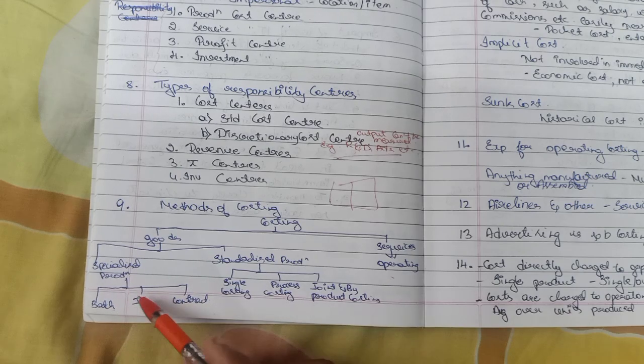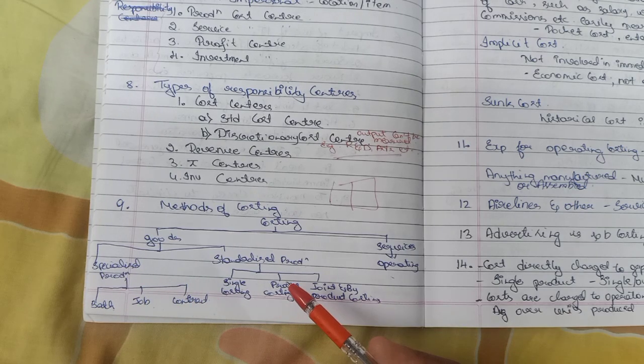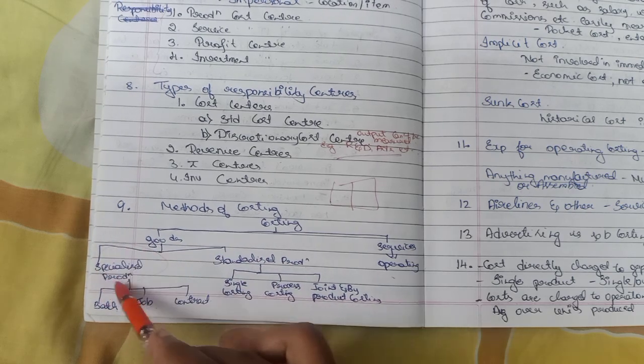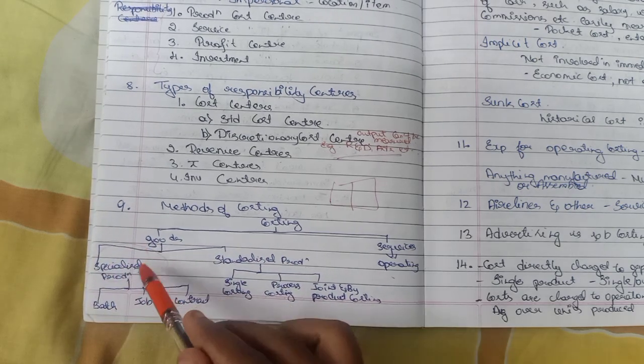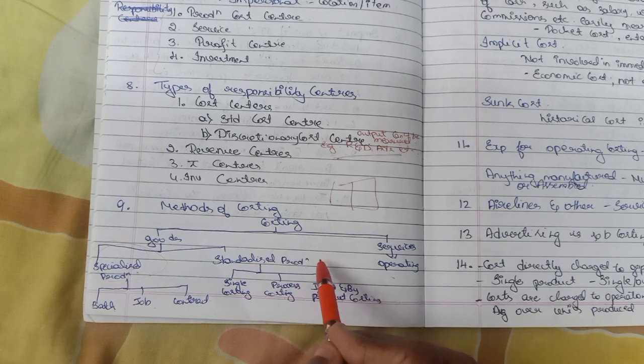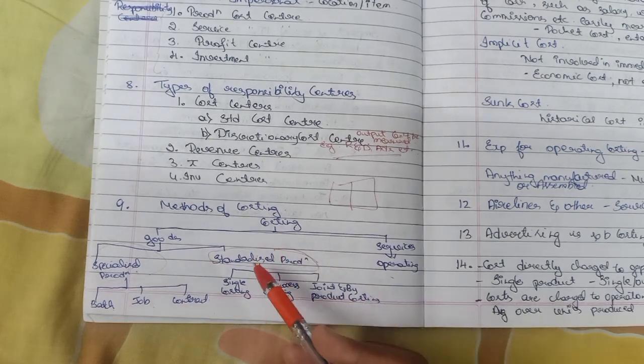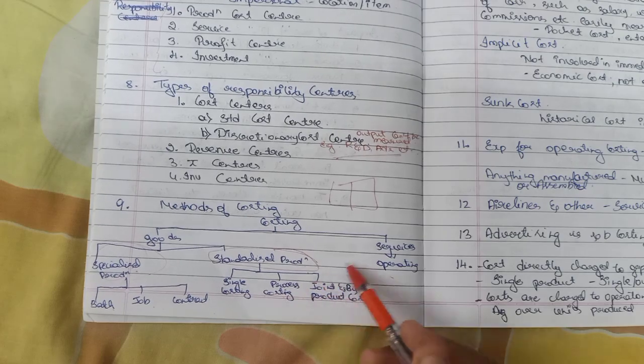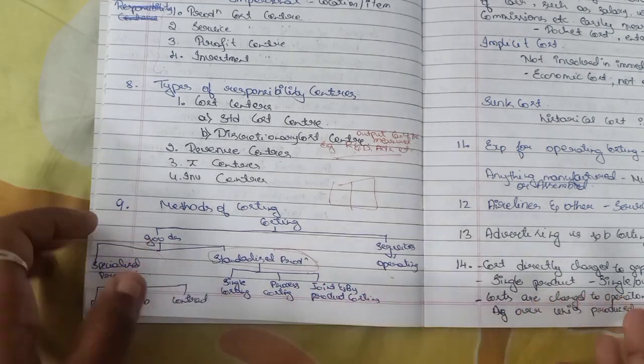That means batch costing, job costing, contract costing. These are basically the names of the chapters that we can remember, but know which names come under specialized production and which come under standardized production. In standardized production, single costing, process costing, joint and byproduct costing.